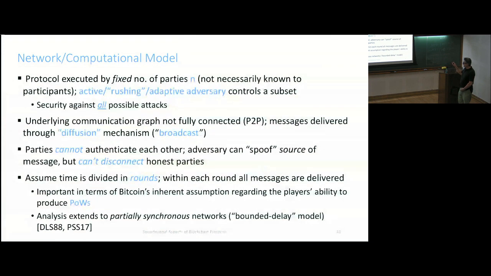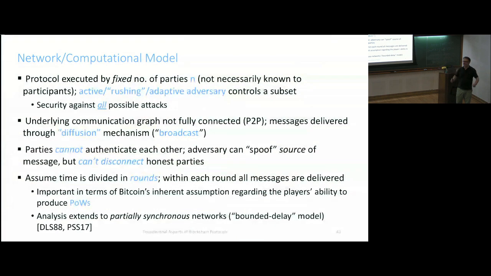So this is a first approximation, but it turns out that the analysis extends to the so-called bounded delay model, where you send a message now, and it might get to you 3, 4, whatever rounds later. And there would be a maximum bound, but parties might not know what the bound is.